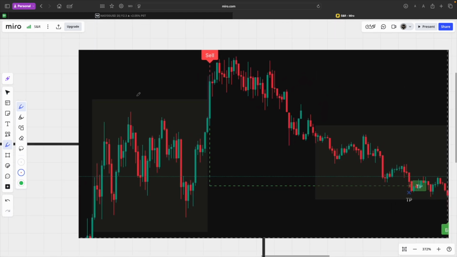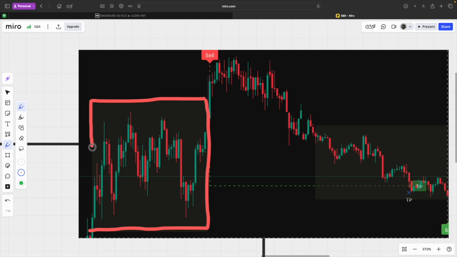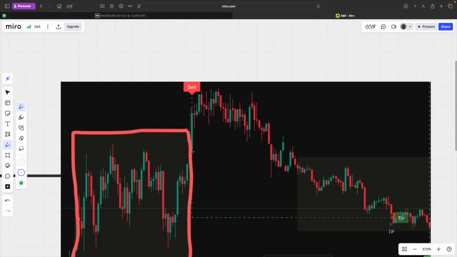Now, all of this I didn't draw out. The indicator did everything for me. So here you can see we had our accumulation. So the indicator actually draws out the accumulation for you. Then as soon as the manipulation happens, the indicator will show you, do you need to buy or sell?